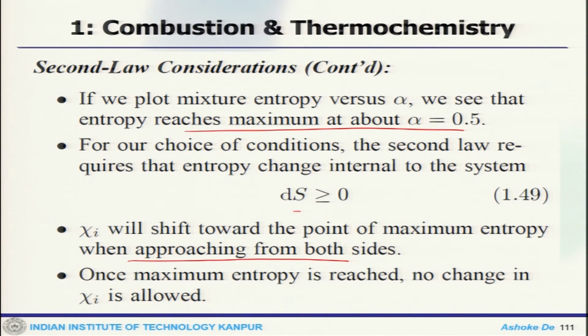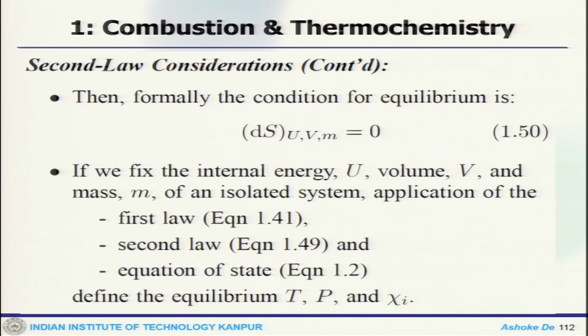As soon as you reach the maximum entropy, there would be no change in the mole fraction, which is not allowed. So, that will form the basis of your equilibrium, and one can formally put the condition for equilibrium: the change of entropy is going to be 0 for given U, V and m.